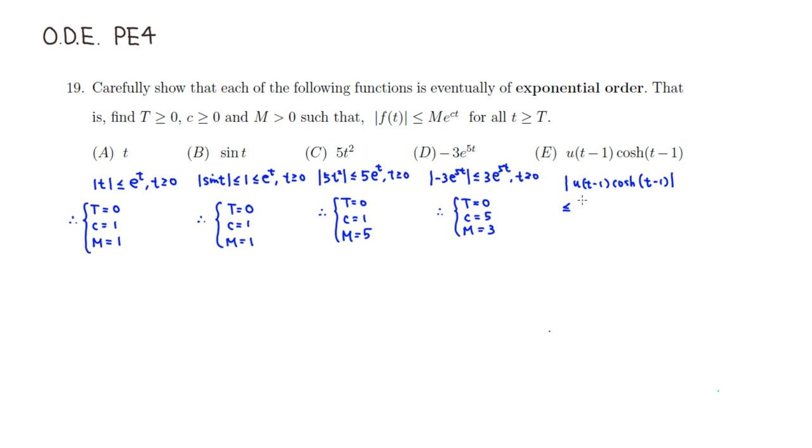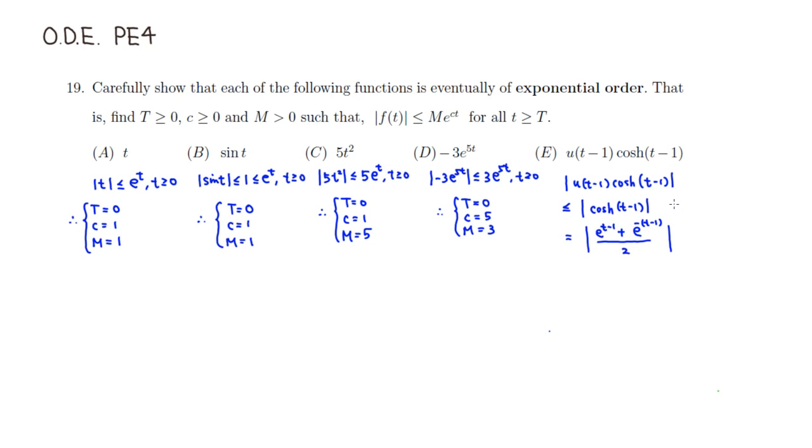So it's going to be bounded by the hyperbolic cosine of t minus 1. The definition of hyperbolic cosine is e to the t minus 1 plus e to the negative t minus 1, over 2.